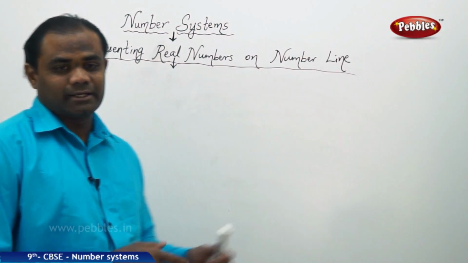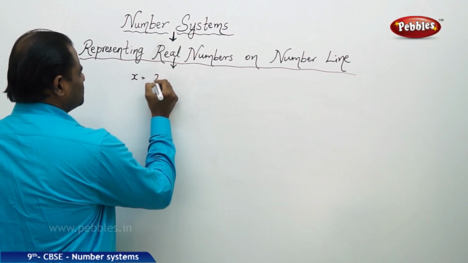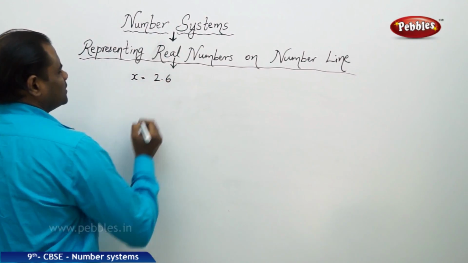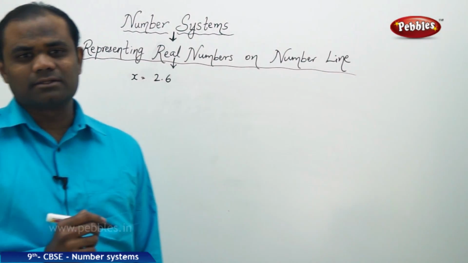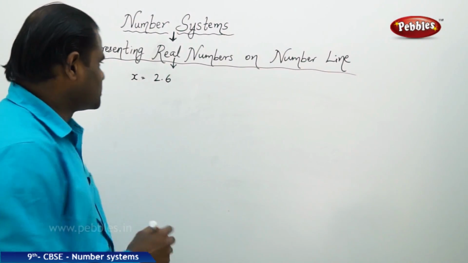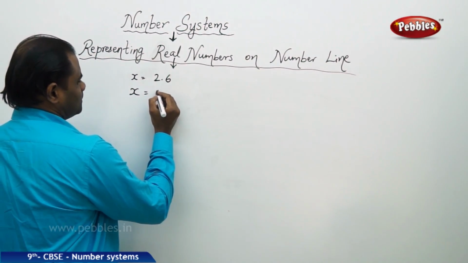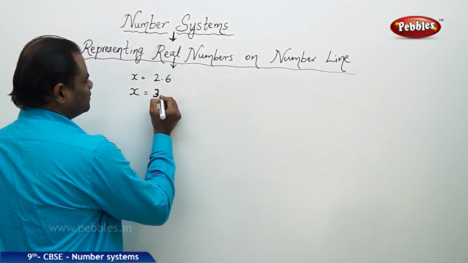For example, I take the number x equals 2.6. Now it is very easy to locate the number x equals 2.6, or say for example I take x equals 3.7.